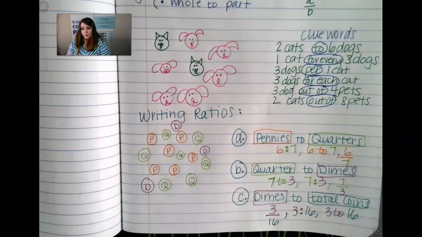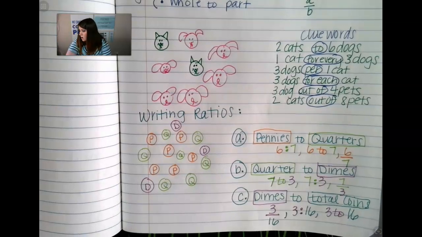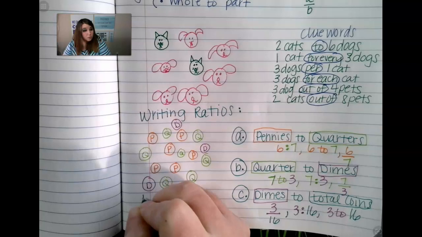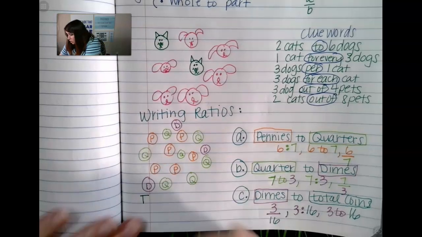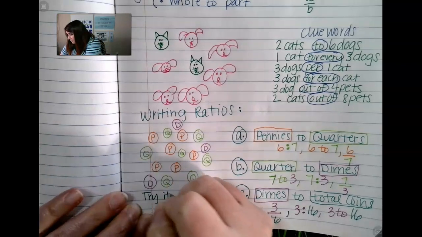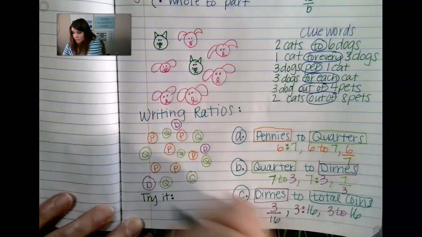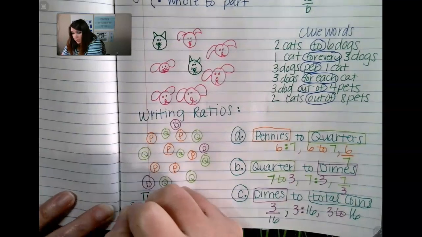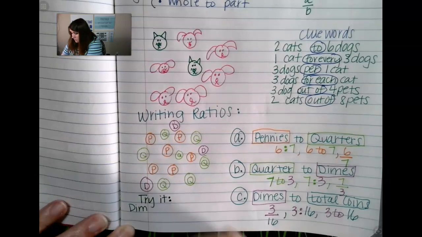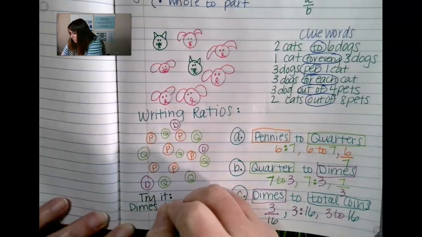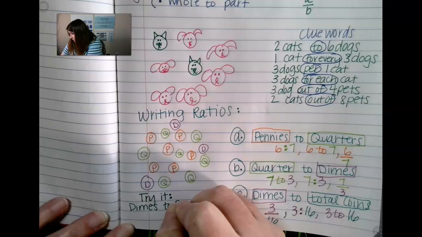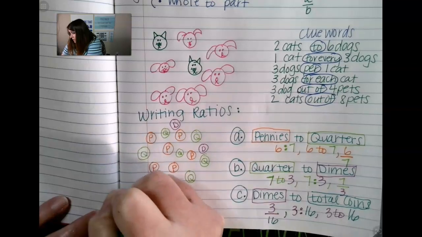Okay, it is your turn for a try it. We're going to do 2 try its. So your first try it is looking for dimes to pennies. That is try it number 1.